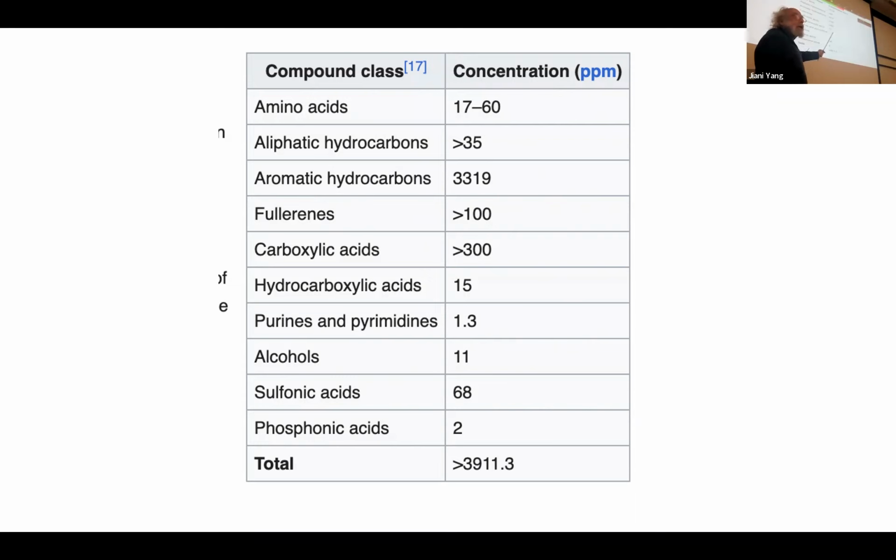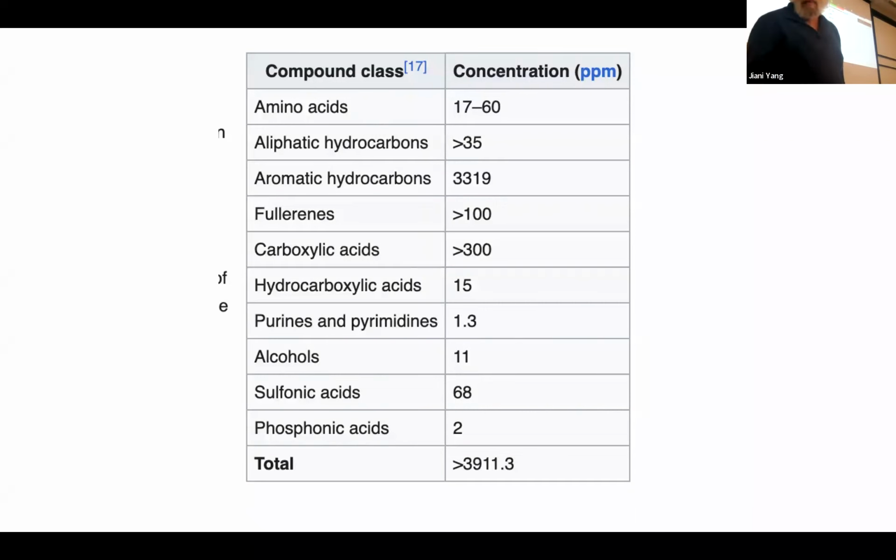Carboxylic acids like oxalic acid, etc. Hydroxycarboxylic acids, a very tiny amount of purines and pyrimidines, alcohols, sulfonic acids, phosphonic acids, and as you go down the list, these are really in minor quantities. And the totals are the parts per million found on the meteorite.